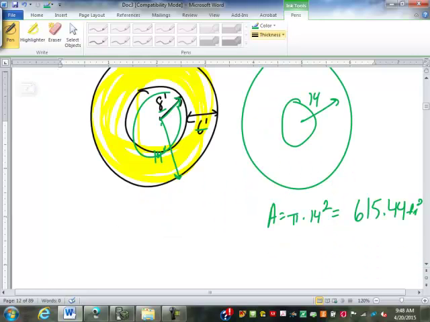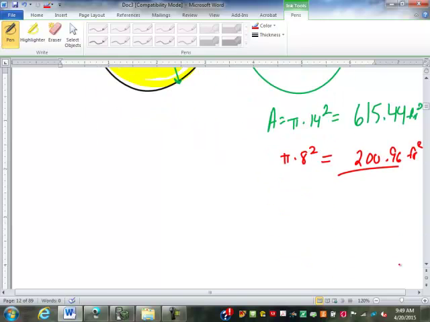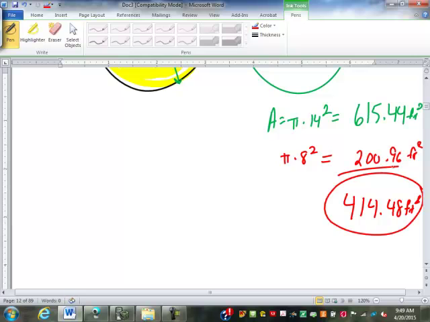Its area will be pi times 8 squared, otherwise known as 200.96, correct? If we're using 3.14 for pi. So we subtract, and we get 414.48 square feet, correct?